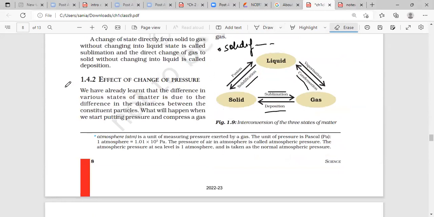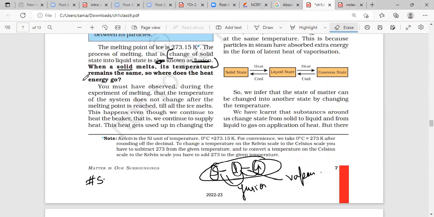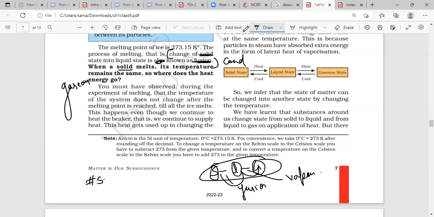Okay, gaseous state into liquid state is known as condensation. Done, ma'am.